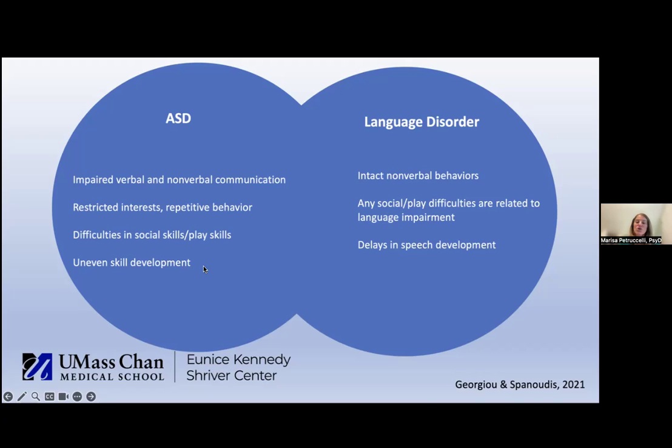And then there's usually historically this pattern of delays in speech development. But again, language impairment is an overlapping feature, and there is a high percentage of language impairment present in individuals with autism.